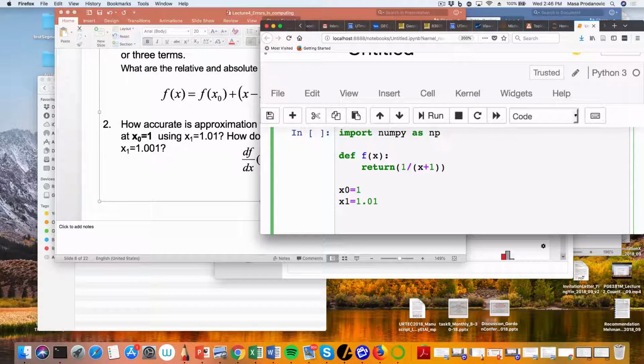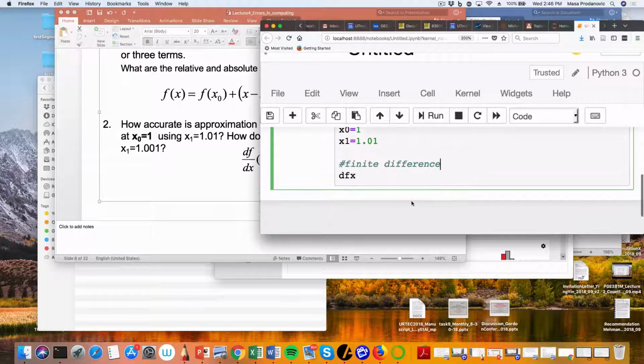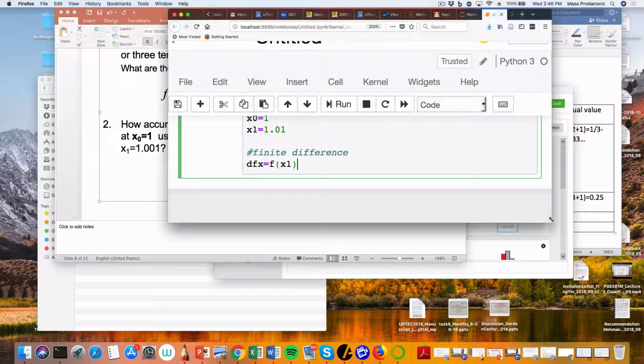So my finite difference, I'm going to call it dfx. dfx is basically f of x1, and I have defined a function f, so Python knows what I'm talking about, hopefully.